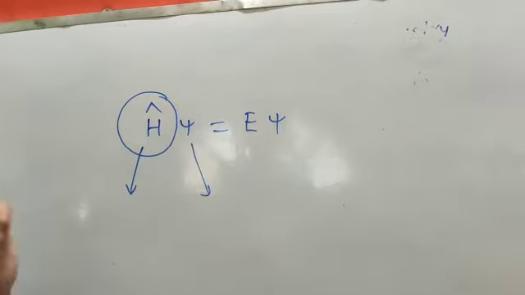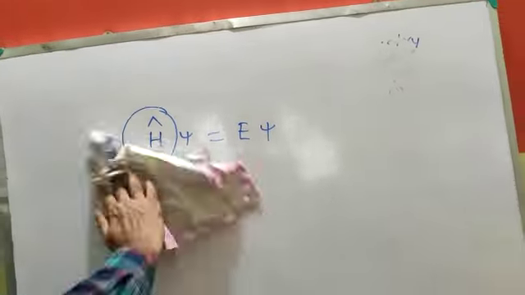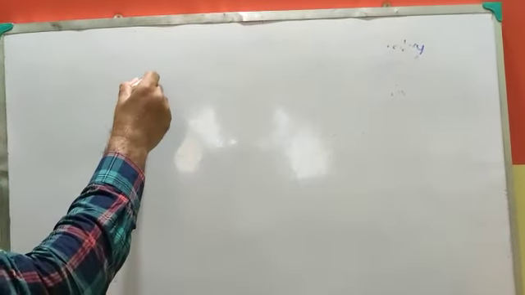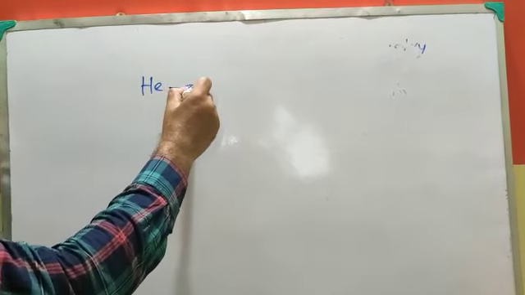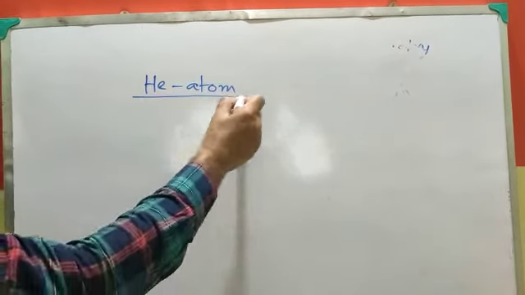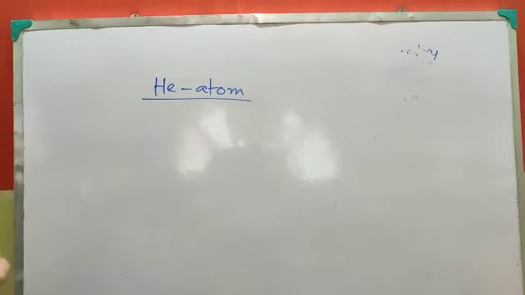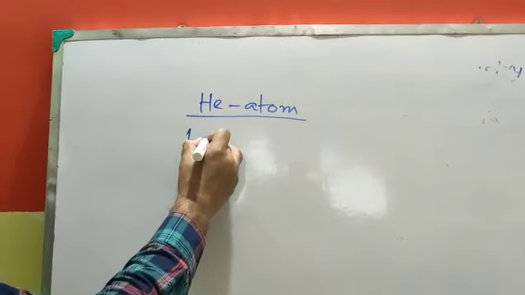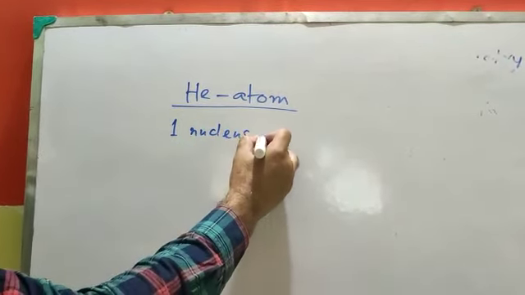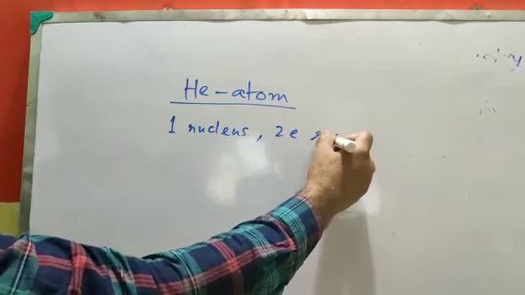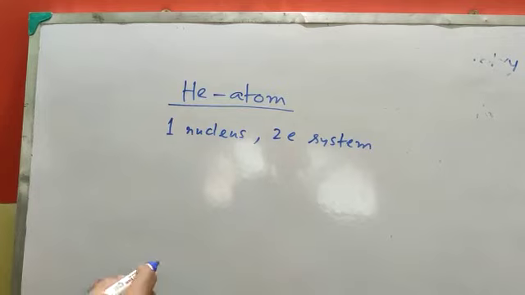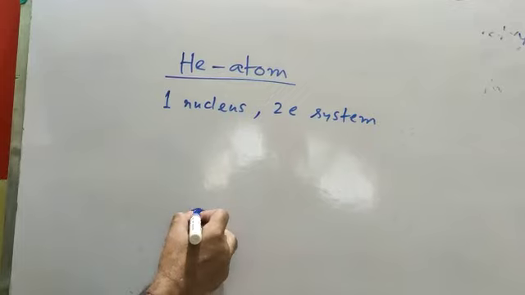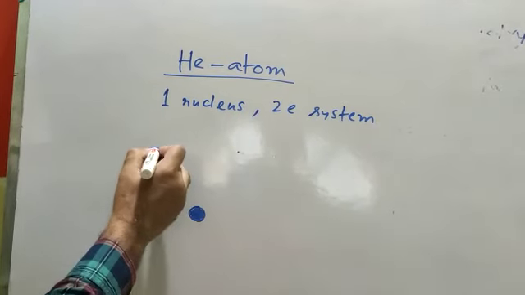Let's start with the helium atom. So helium atom, this is basically a one nucleus, two electron system. So we can draw the picture like this: this is the helium nucleus, and these are two electrons.